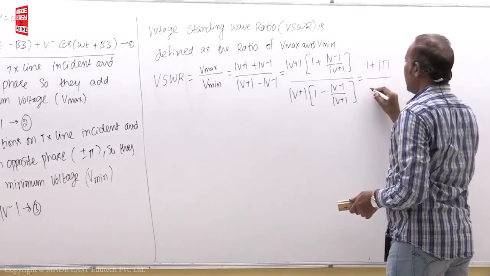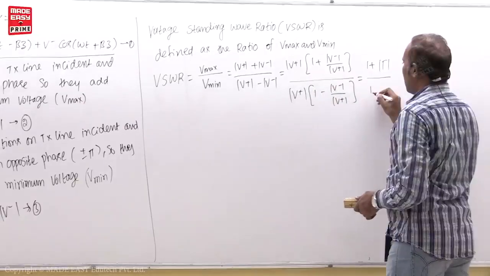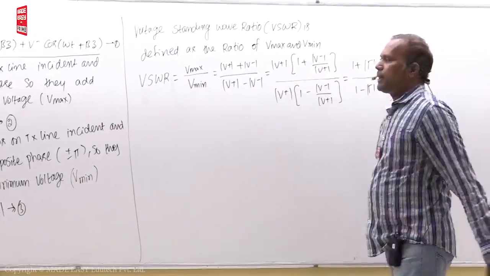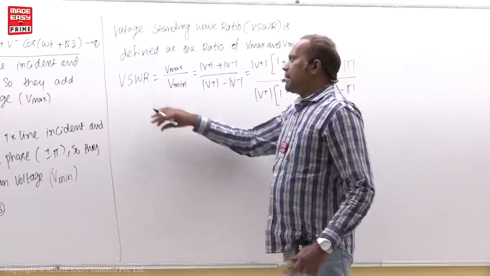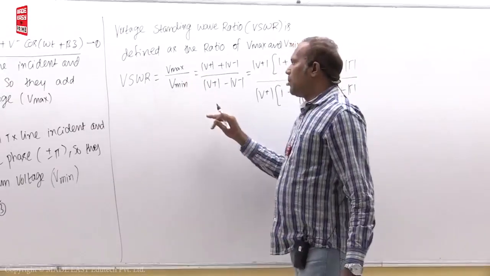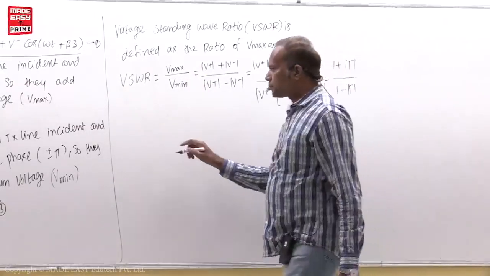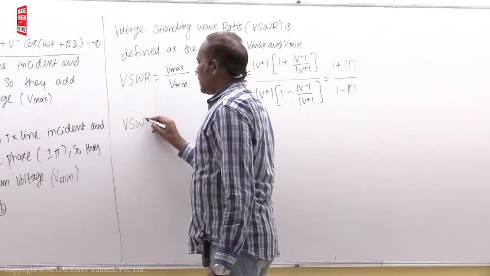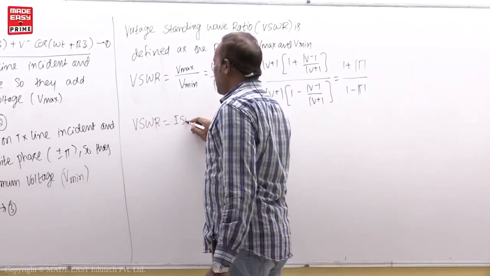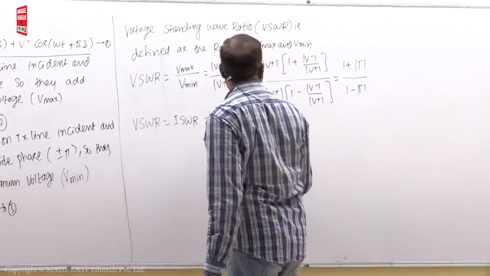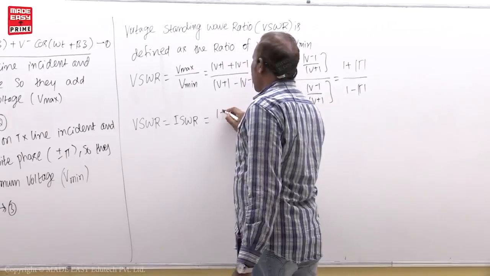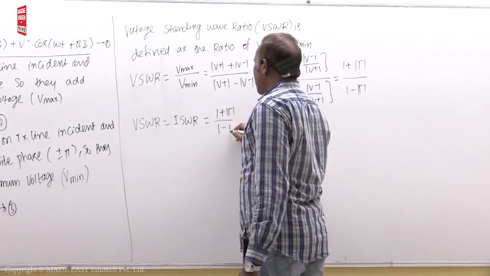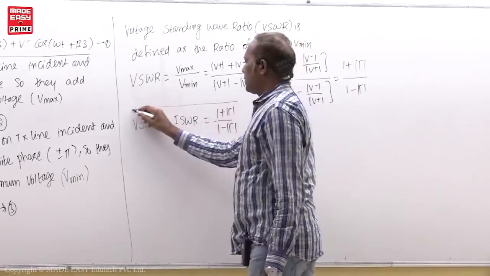You will not get the angle. Similarly, this cancels, and this is 1 minus mod gamma, same as the previous chapter. Similarly, the current standing wave ratio, I maximum by I minimum, gives the same thing. So VSWR is equal to ISWR is equal to (1 plus mod gamma) divided by (1 minus mod gamma).